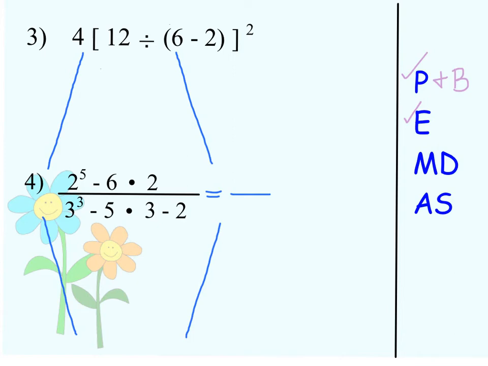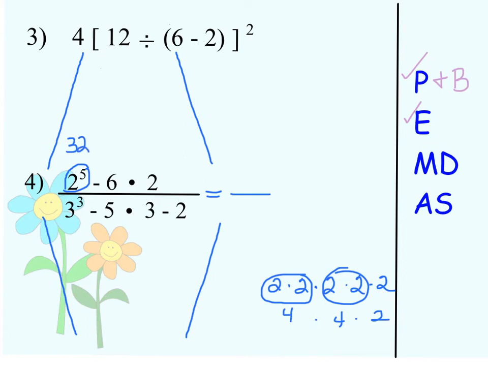Alright, so on the top there are no parentheses or brackets, so we're going to first do our exponents. 2 to the 5th power. Remember that means 2 times 2 times 2 times 2 times 2, not just 2 times 5. So if we work this out, we get 4 times 4 times 2, which is 32.